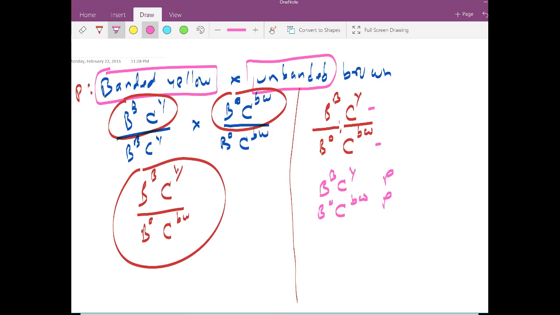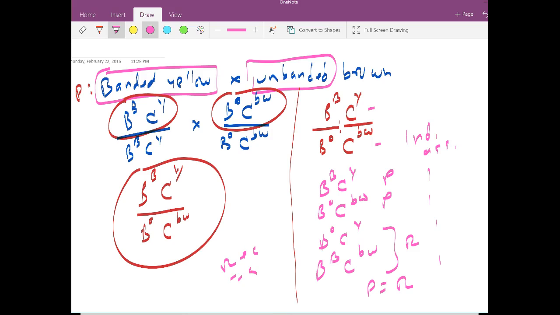But we can still get recombinants in this one. These are the recombinants, but they'll all be the same, 1, 1, 1, 1, because this question asked about independent assortment. So P equals R, or the recombination frequency equals 50%.